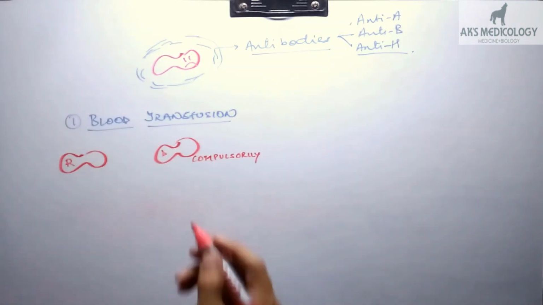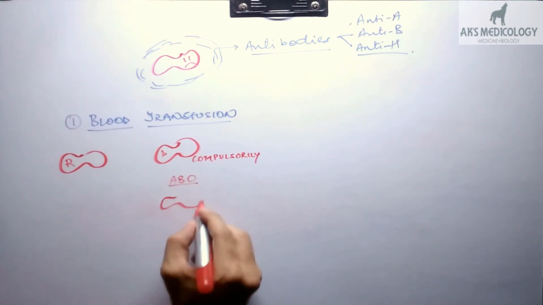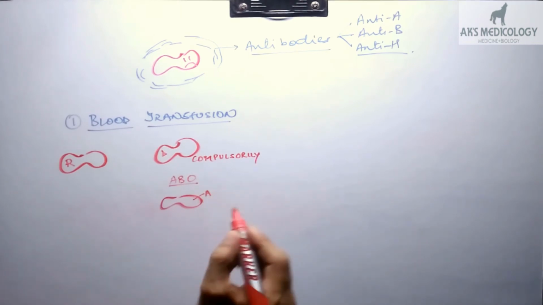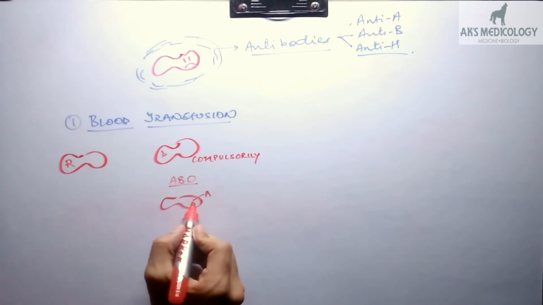Why so? Let us consider the blood groups from normal ABO blood grouping. Firstly, let this be an RBC of an individual having blood group A, which would obviously possess A antigen over its surface.